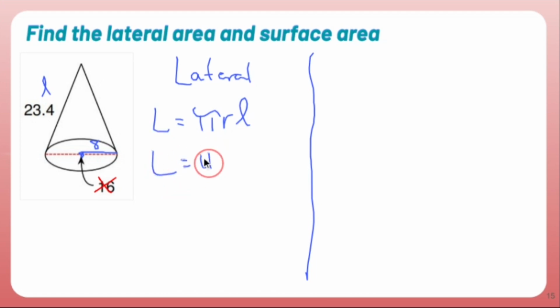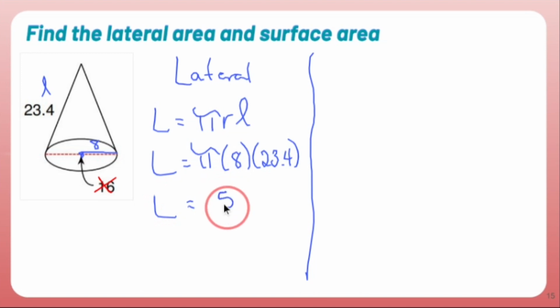Pi is pi, r is 8, L is 23.4. And I'm going to go off to the side and plug that in my calculator. And I end up getting 588.1061. So I'll do 588.1.